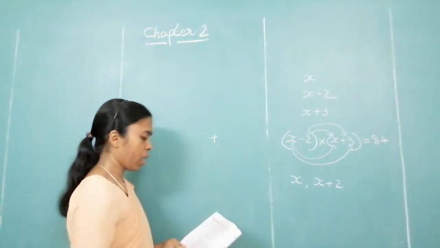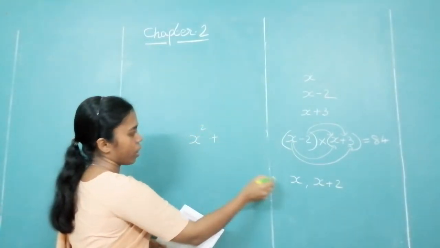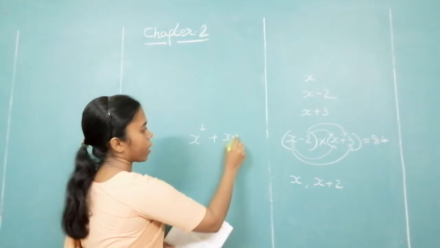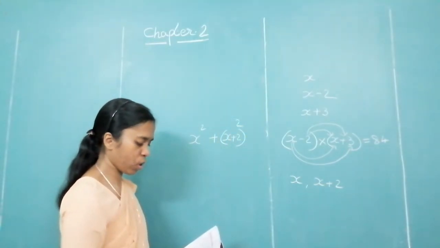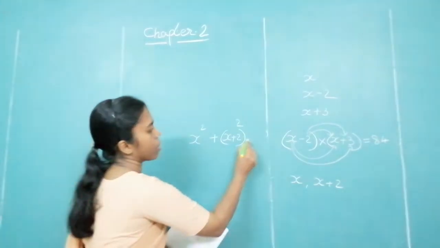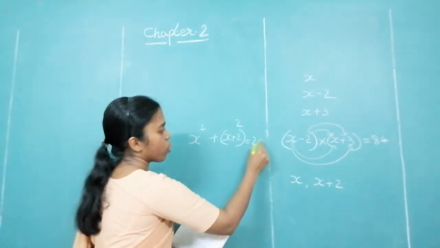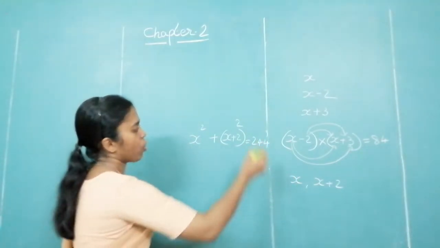According to the condition, sum means what? Plus. Okay. Squares of, square means x square, and which is the square of the other one? x plus 2 the whole square. Sum of squares of two even consecutive natural numbers is, means equal to, 244. Now you open the bracket.